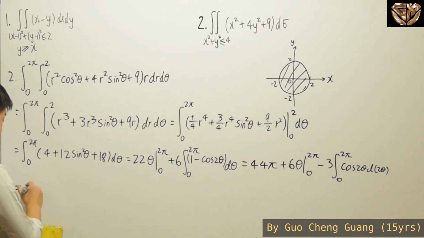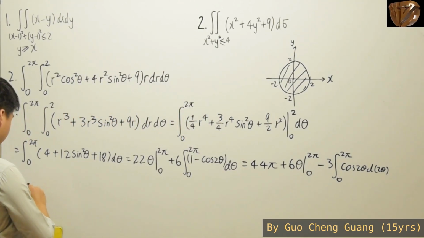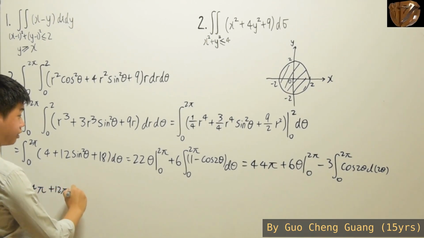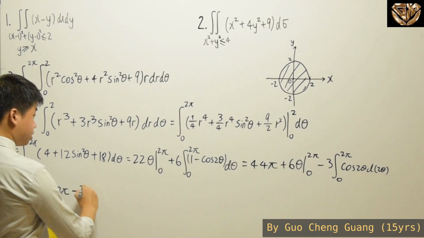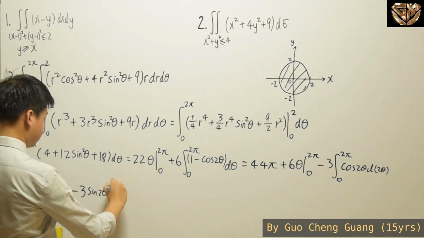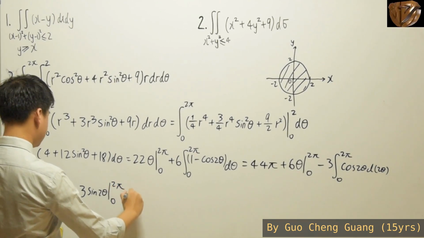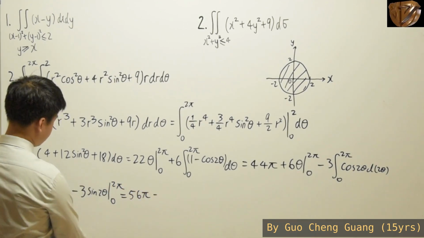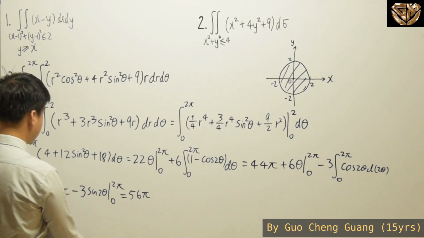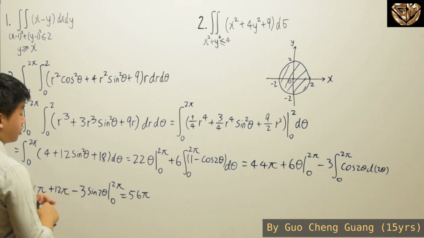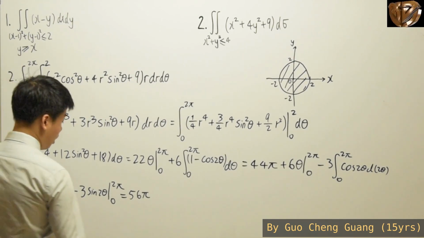So you're going to see 44 pi plus 12 pi, and then minus 3 sine 2 theta, substituting the value 0 to 2 pi. The first two parts you get 56 pi, while your last part is just 0, since sine 4 pi and sine 0 are all 0. Right, so your answer for this question is 56 pi.